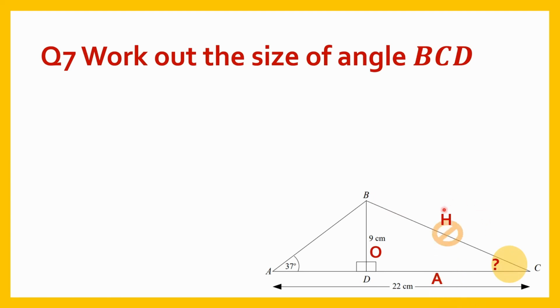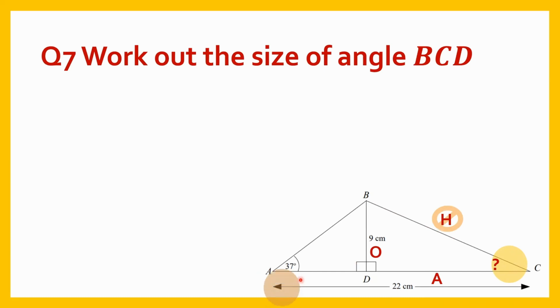We know nothing about the hypotenuse, so we're not going to use that value. The adjacent side, DC, is also part of the value given, 22 centimeters, so we may have a chance there.